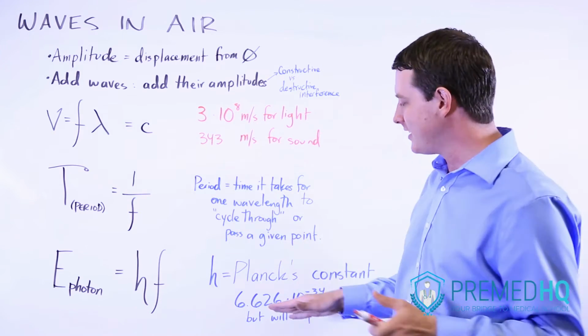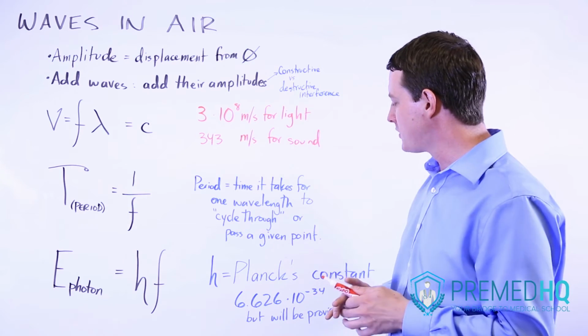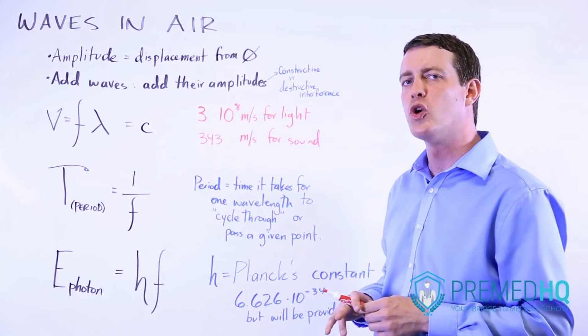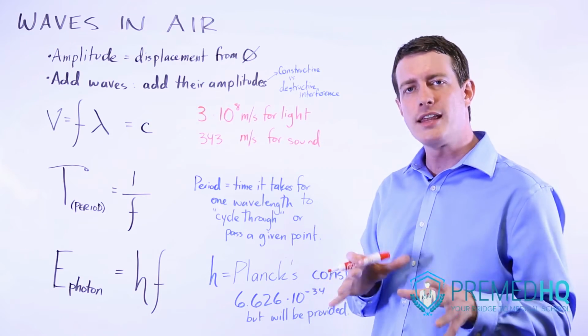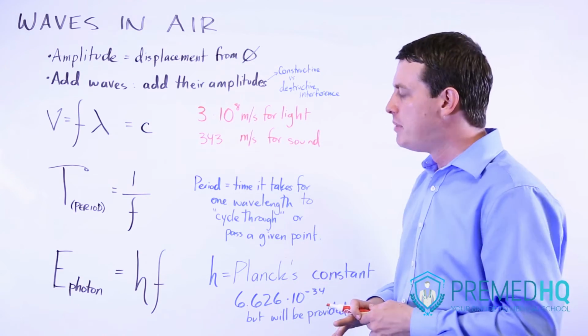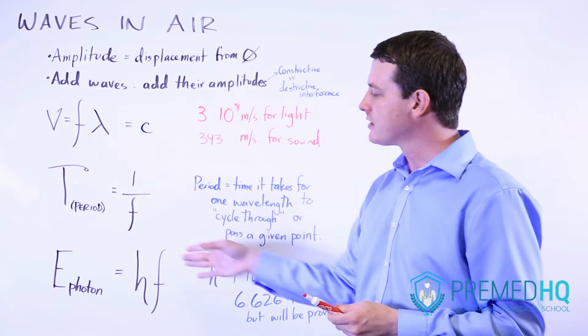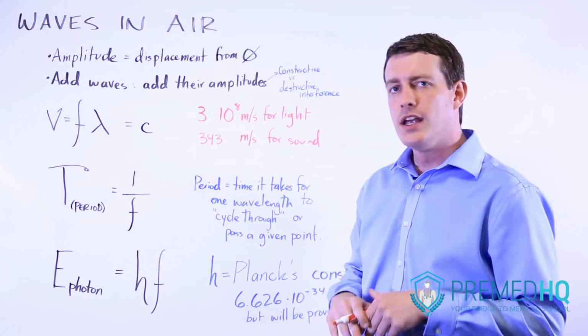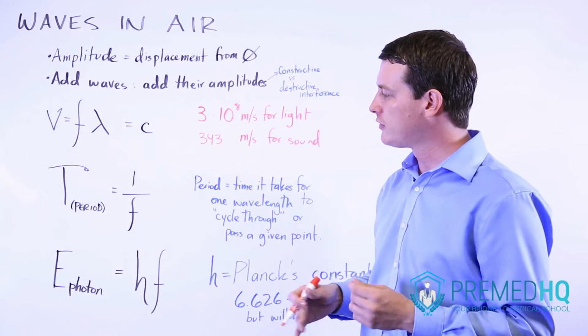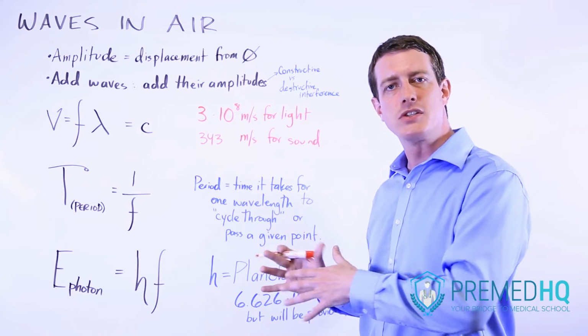Now, Planck's constant is 6.626 times 10 to the negative 34. You're unlikely to be tested on that, and if you're doing the MCAT, that will be provided to you. But do realize that there's a positive relationship between the energy of a photon and its frequency. This can be useful for analyzing a lot of different light-based questions.